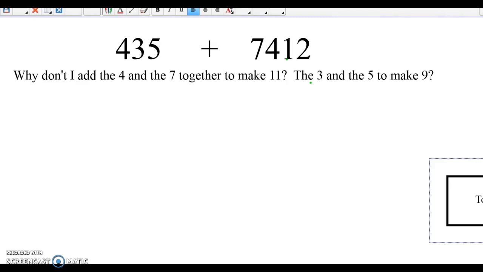All right, now thinking about it, if I have 435 plus 7,412, why don't I add the 4 and the 7 together for 11? Or the 3 and the 5? How would 3 and 5 make 9, Bossart? That's the worst thing I've ever written. It should be, obviously, the 4 and the 5.